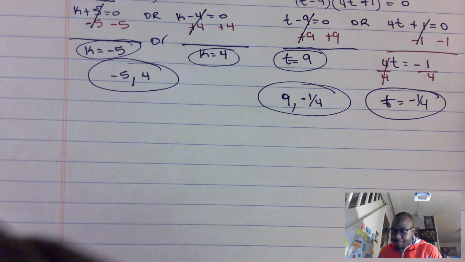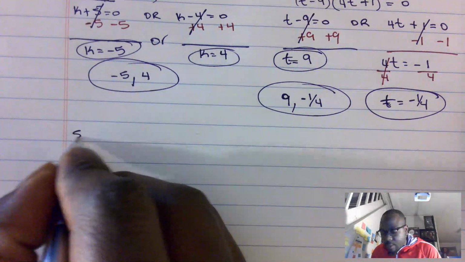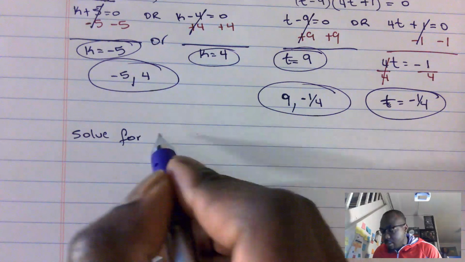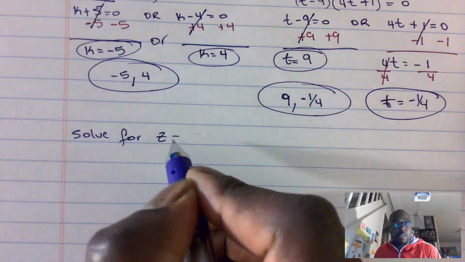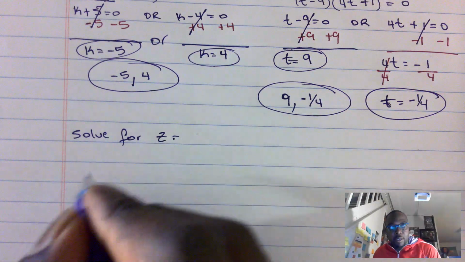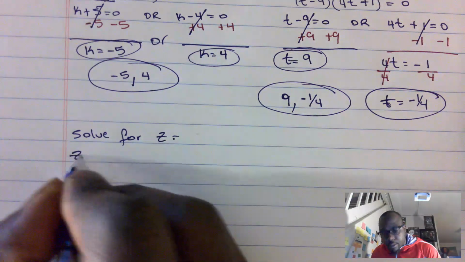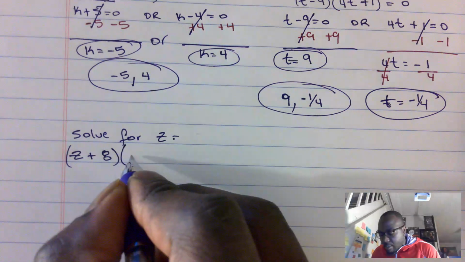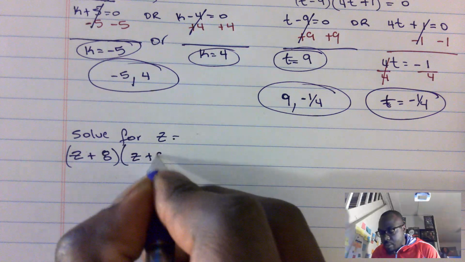So it says solve for z. Again, remember we're using the zero product property rule here. I have z plus 8 and z plus 9.